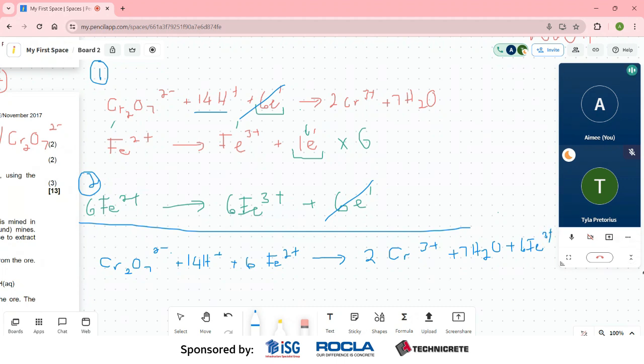And that's your final answer. Cr2O7 2 minus plus 14H positive plus 6Fe2 positive gives me 2Cr3 positive plus 7H2O plus 6Fe3 positive. And that is your final balanced equation. And that is the answer for 9.6.